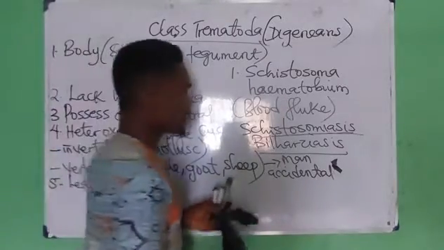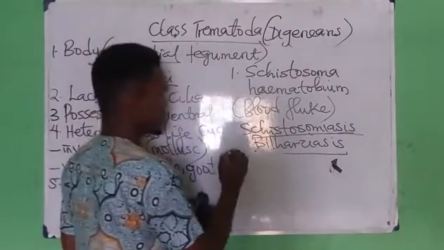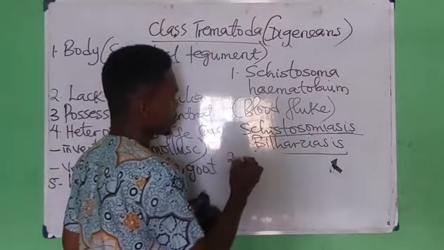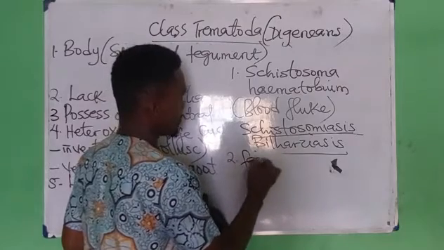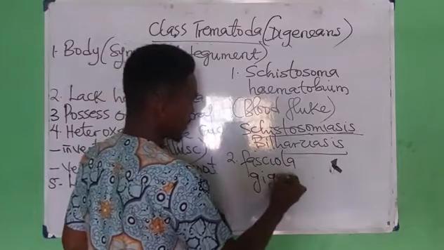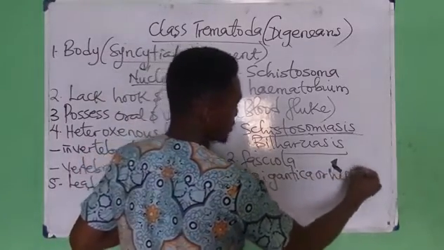Another species found here is Fasciola gigantica or hepatica.